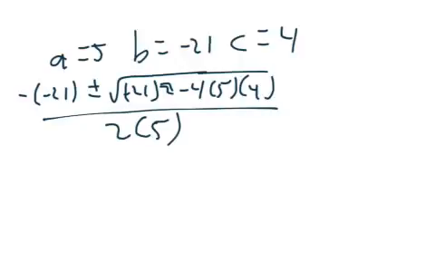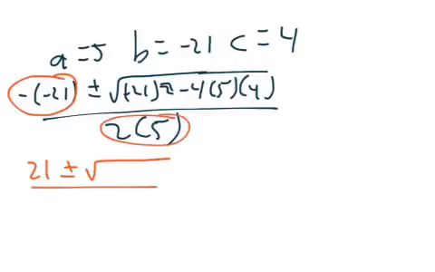Okay, what's next? I know negative of negative 21 is 21 plus or minus the square root. And 2 times 5 gives me 10 in the denominator. So now I'm going to do everything in the radical with my calculator, correct? And when I do everything in green there, guys, I get 361.